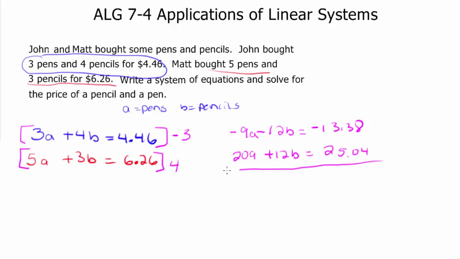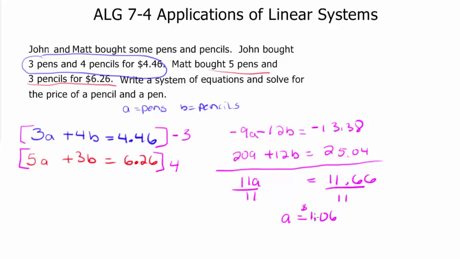And then we're just going to add them together. Okay, so we're left with 11a equals 25.04 minus 13.38, which is 11.66. Divide by 11. So A, which are the pens, equals $1.06.